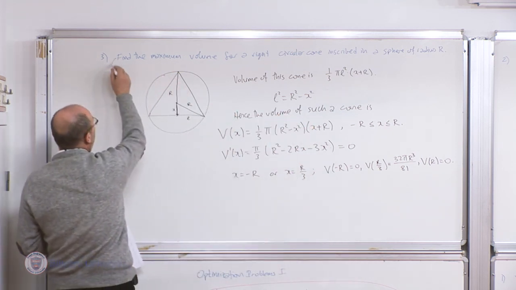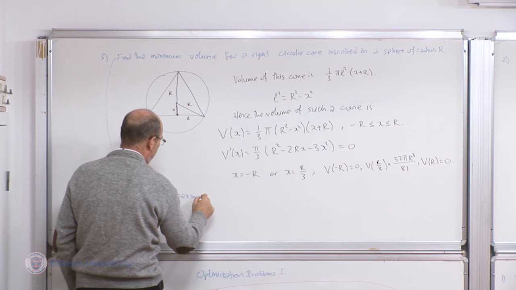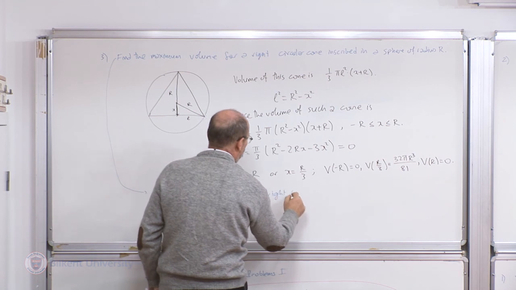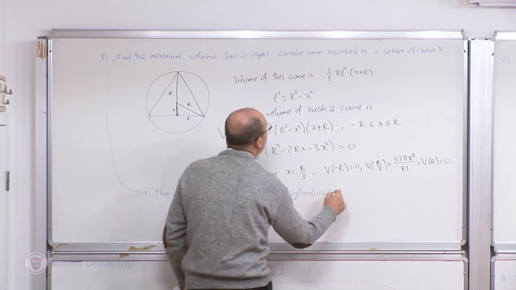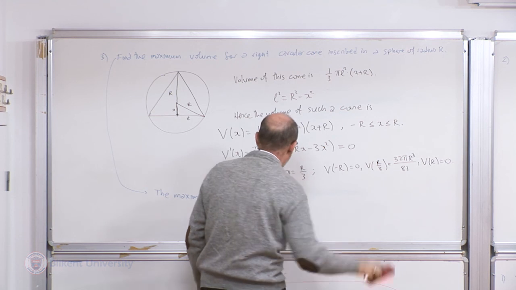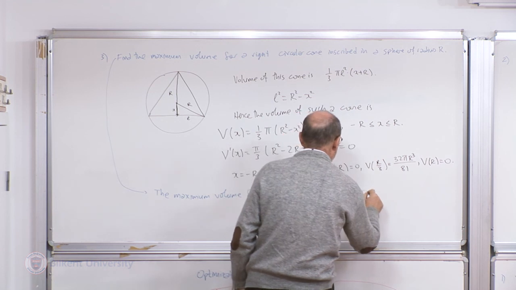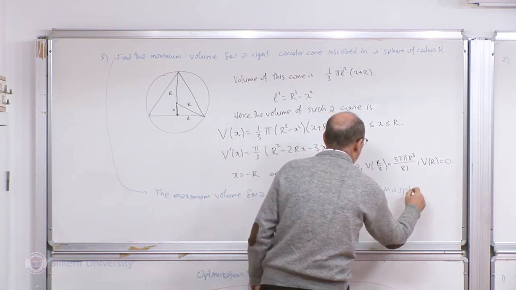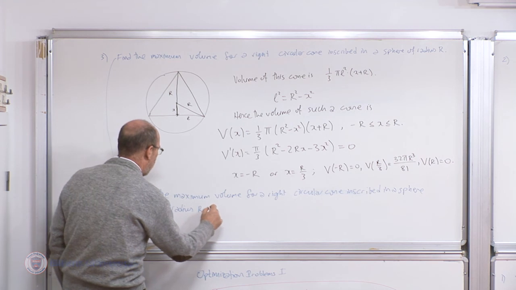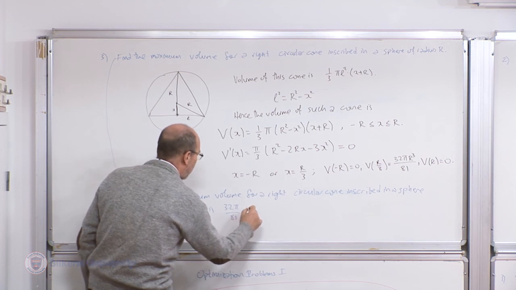So the maximum volume for a right circular cone inscribed in a sphere of radius r is 32 pi over 81 r cubed.